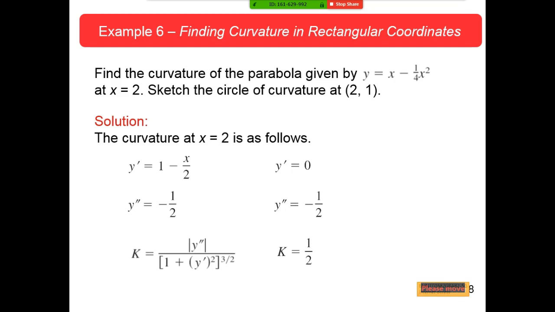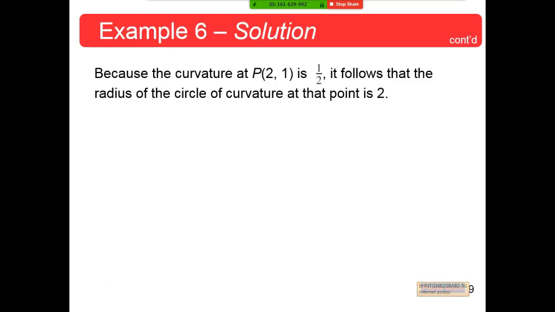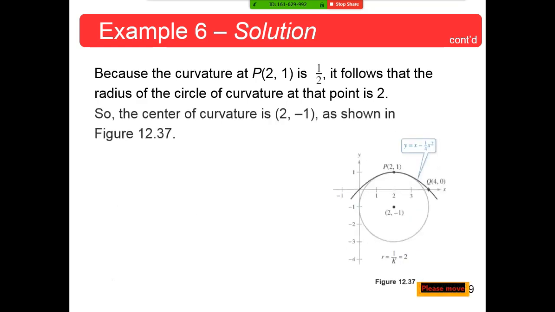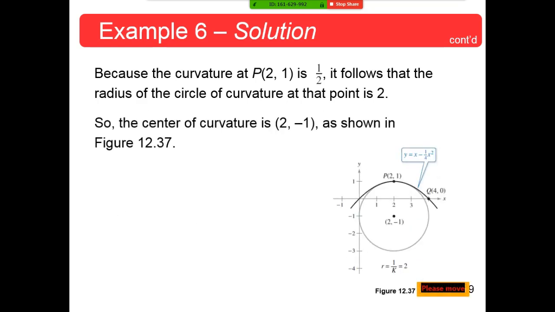And then from the fact that it says sketch the circle of curvature, that means the radius of that circle, because the curvature at that point, 2, 1, is 1/2, it follows that the radius of the circle of curvature is 1 over that, which is 2. And so the center is 2 units below 2, 1. That would be 2, -1. And then you go to the right 2, that would be 4, -1.